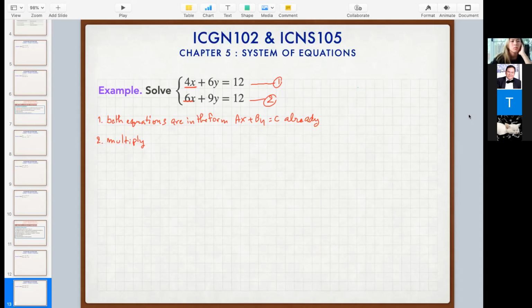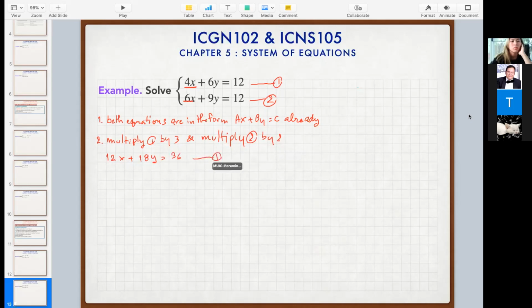12x. Then I have to multiply equation number 1 by 3 and equation number 2 by 2. Then for equation number 1, I get 12x plus 18y equals 36.